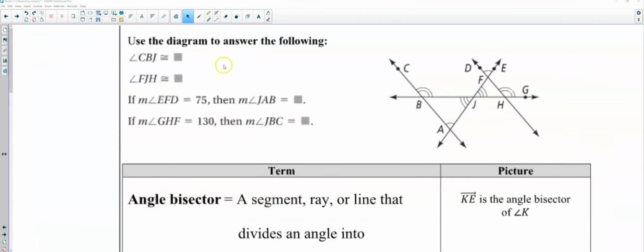Okay, let's learn how to read diagrams and what all these marks mean. Remember that if I have two arches and two arches, it means that those two angles are congruent. Here they're given angle CBJ, so I look for angle CBJ. B is the vertex. Let me highlight it so you see how I read it. Angle CBJ.